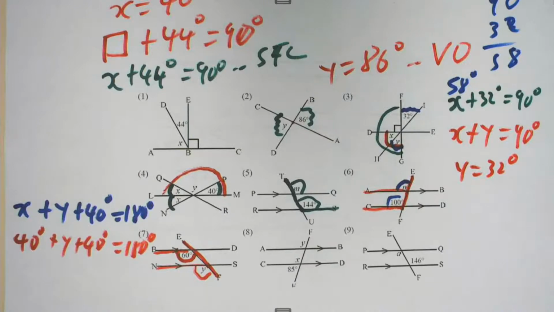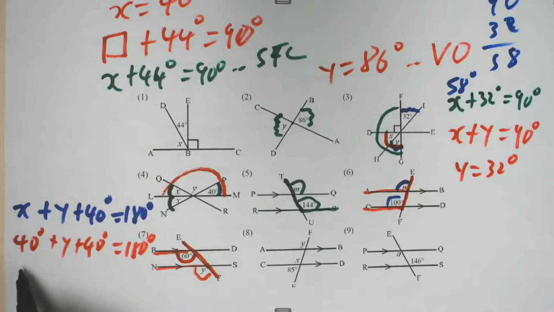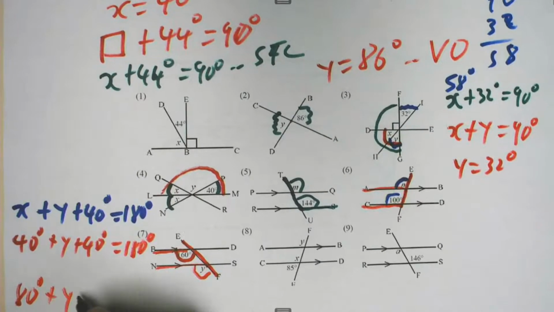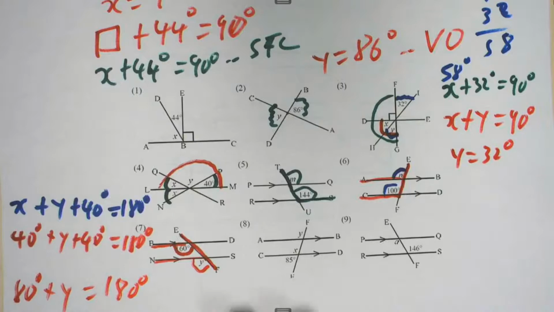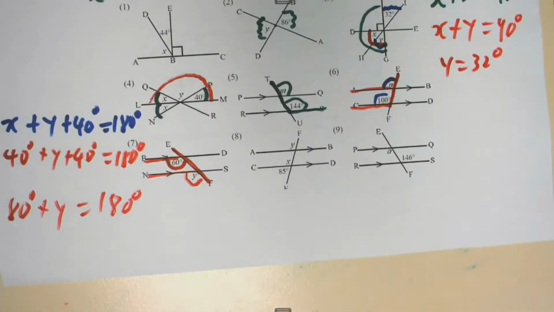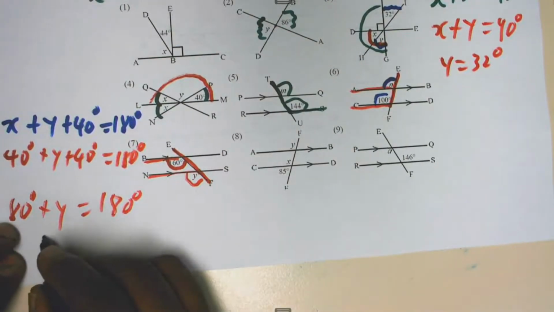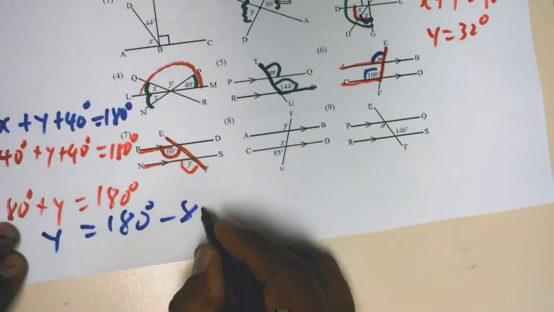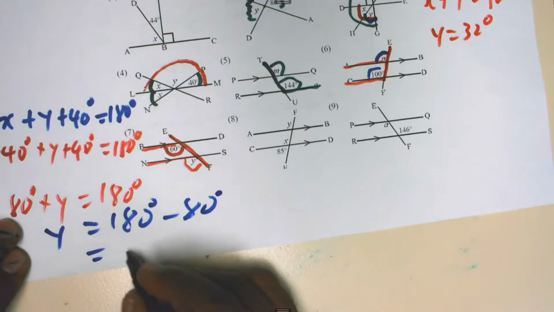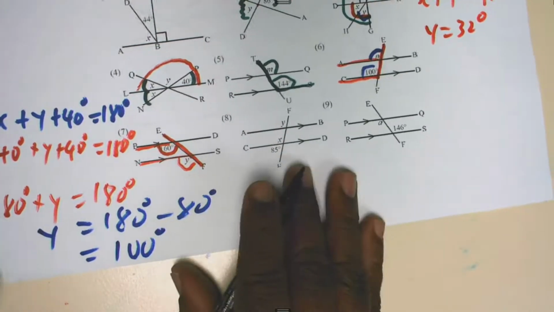But it's step by step, then you get marks for your effort. Your mathematical skills again: 2 40s is 80, plus y equals 180 degrees. Then you do your transposition. Because we want y, when you move it to the left-hand side, it changes to minus 80. Therefore, y is 100 degrees.